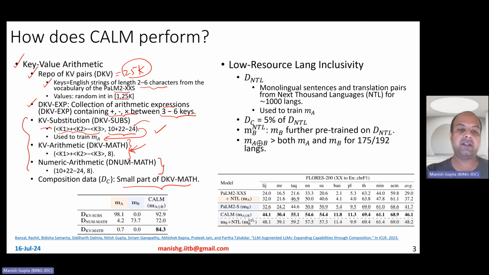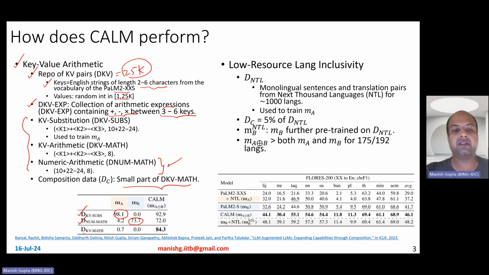What we observe is that the MA model is really good at the substitution task because it has been trained to do so. Makes sense, right? Now the MB model is in general a good model. It's a large model, so it does really well on standard numeric arithmetic, which also makes sense.